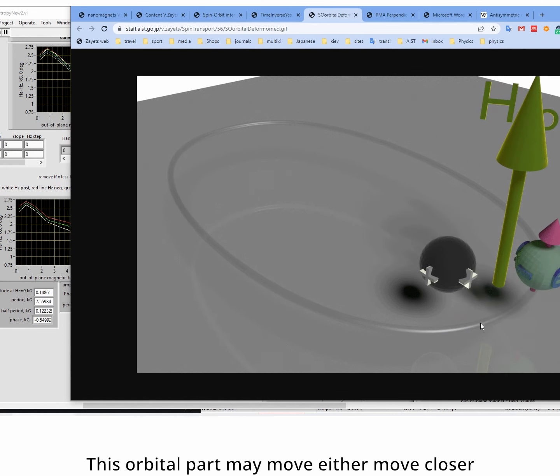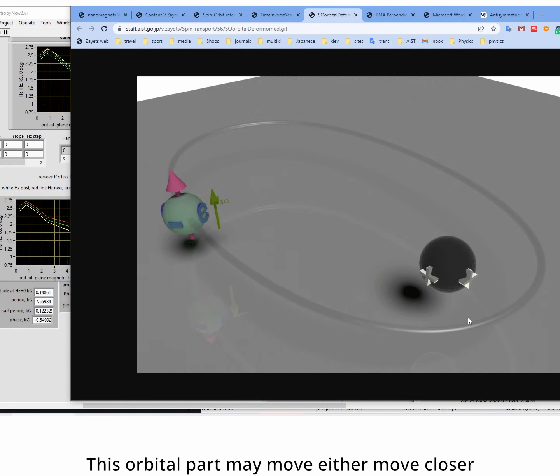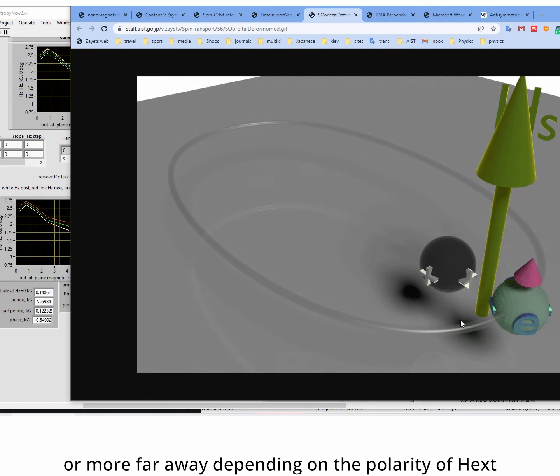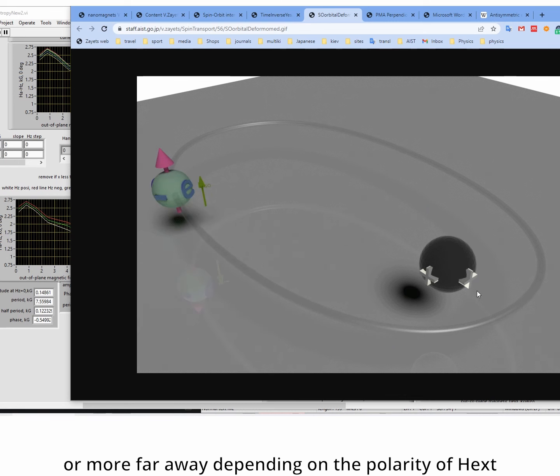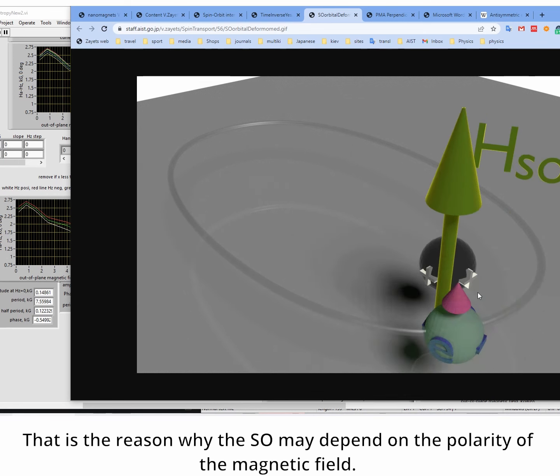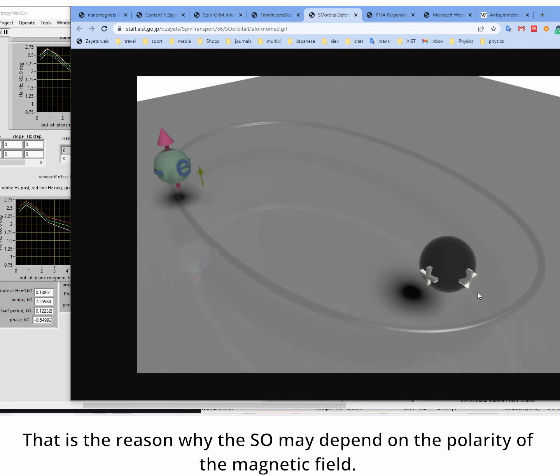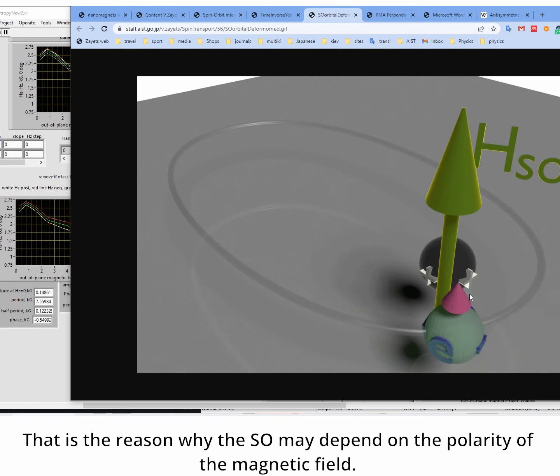This orbital part may move either closer or farther away, depending on the polarity of the external magnetic field. That is the reason why the spin-orbit interaction may depend on the polarity of the magnetic field.